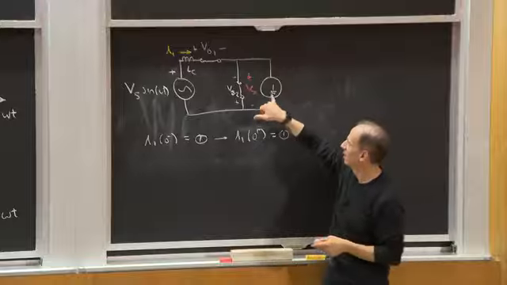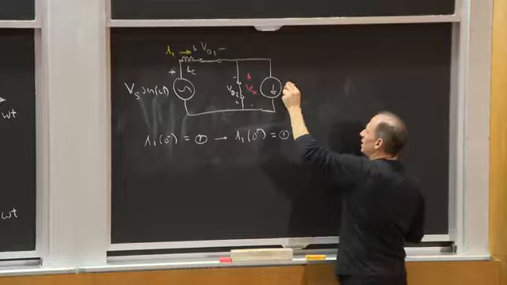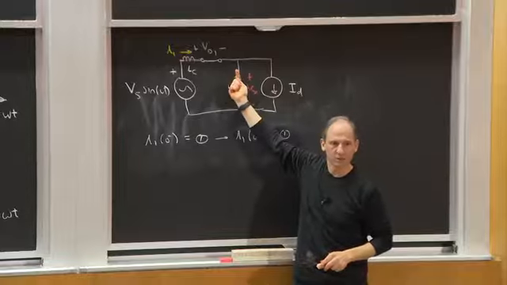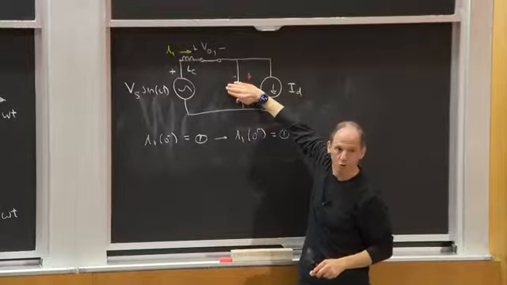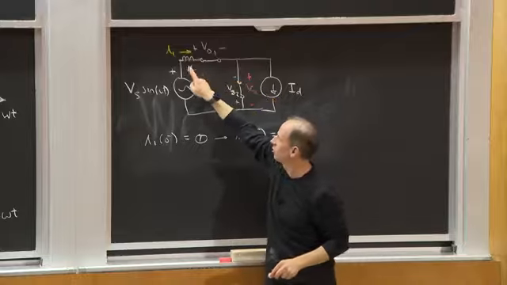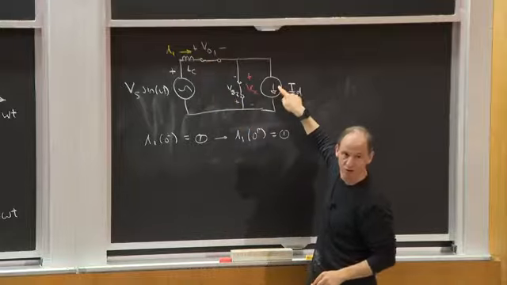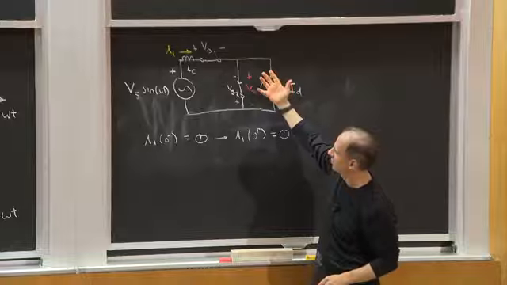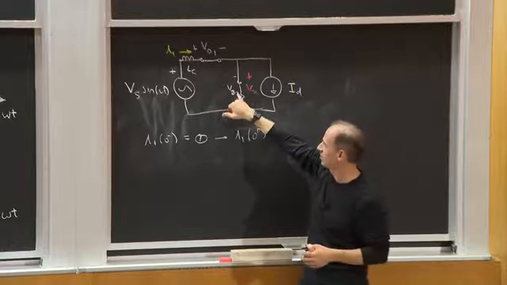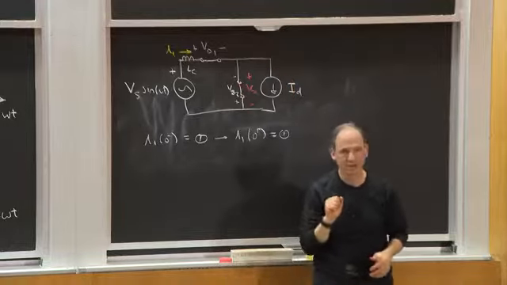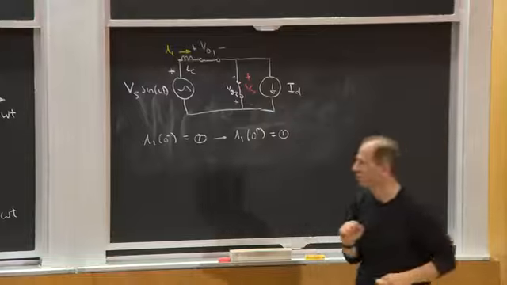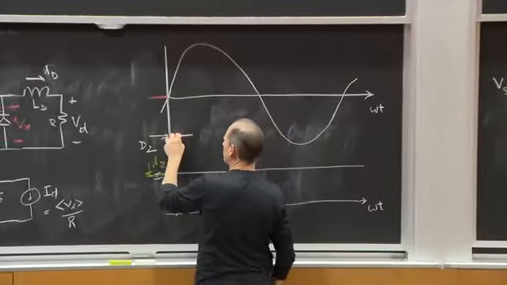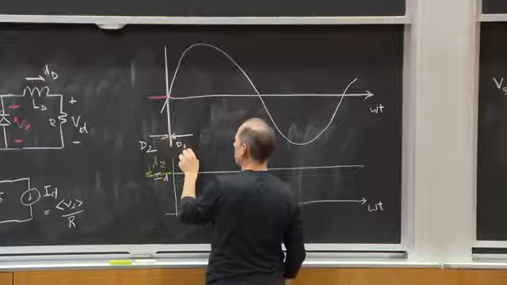If I1 of 0 plus is equal to 0 and this is ID, that means I still have current going through this device. I can't make that go open because there's no current going through here, and this ID has to go somewhere. So if I work through that argument, both of these devices have to be on. So I'm going to have a new state where both D1 and D2 are on.